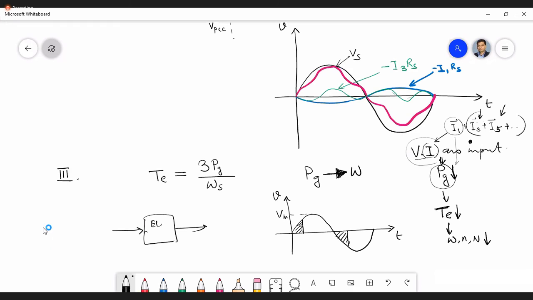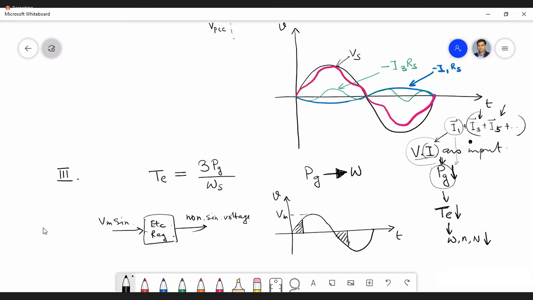So suppose this is your electronic regulator. Here we have exactly sinusoidal, but after this, you have non-sinusoidal voltage. And therefore, you will have non-sinusoidal current as well.